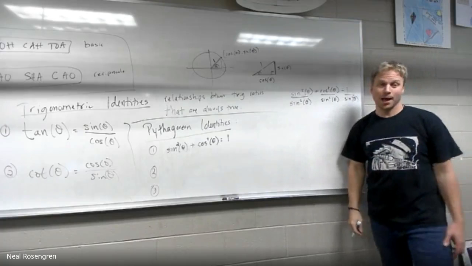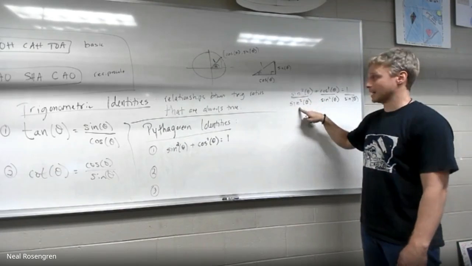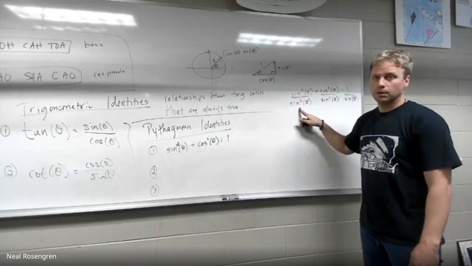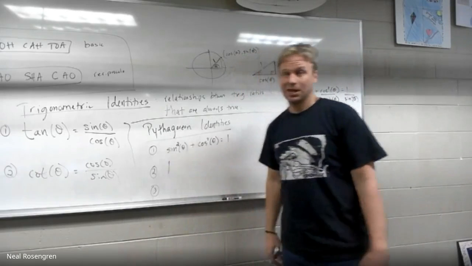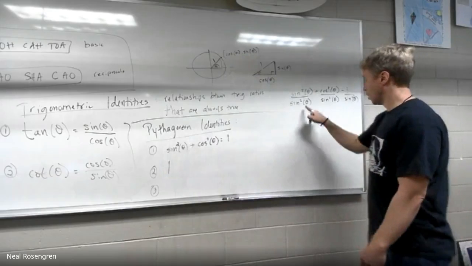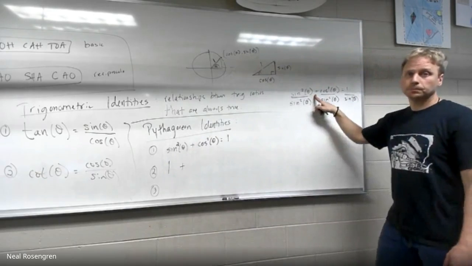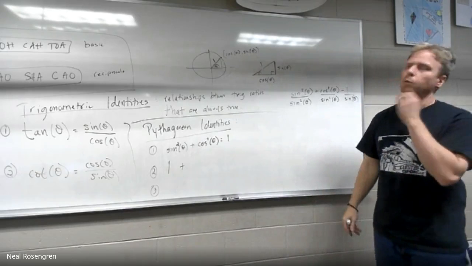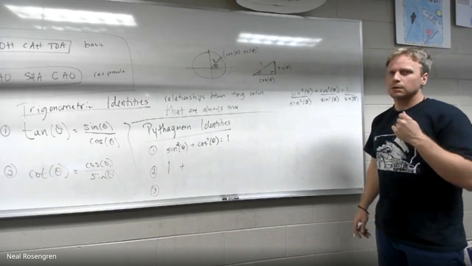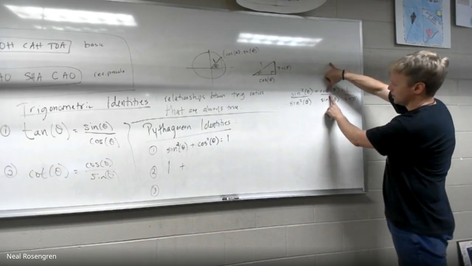And watch what happens. Sine squared divided by itself. Anything divided by itself is 1. So 1 plus, well, cosine squared over sine squared. Get rid of the squares for a second in your mind.